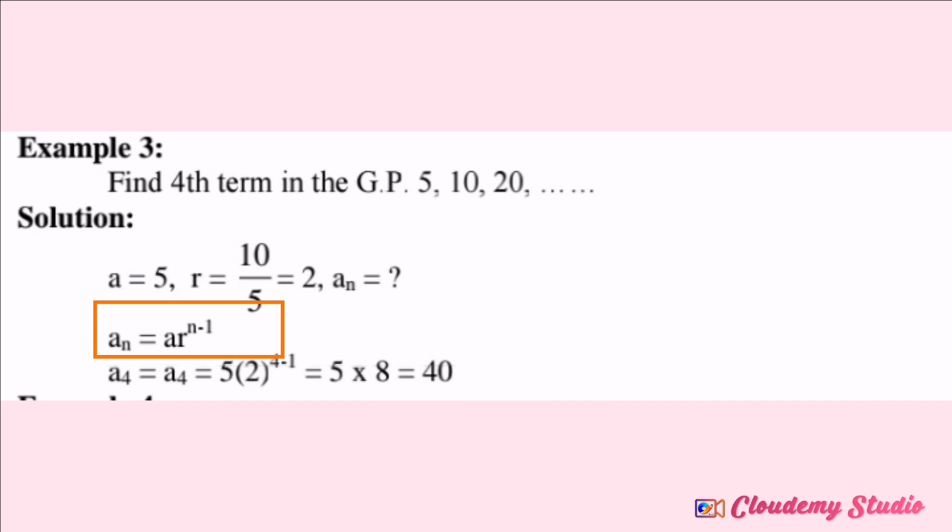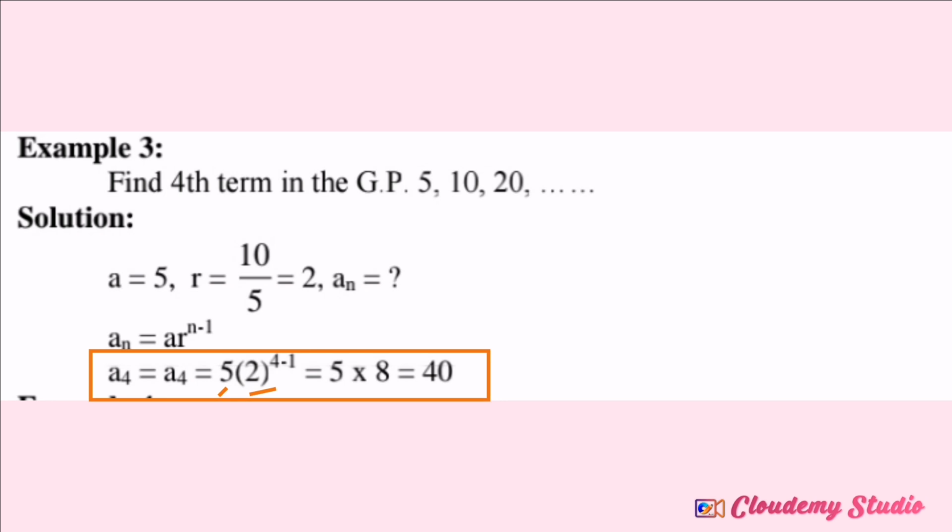So a4 is equal to a r raised to the power n minus 1, where a is 5, r is equal to 2, and n is equal to 4. If we simplify this term, it is equal to 40.